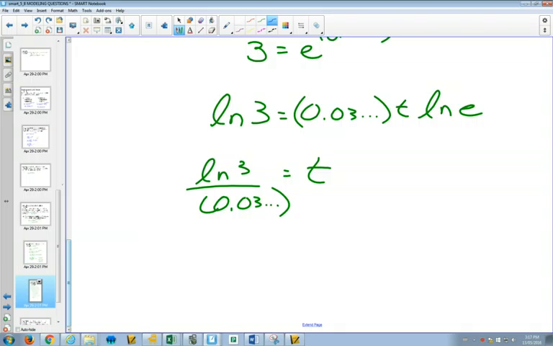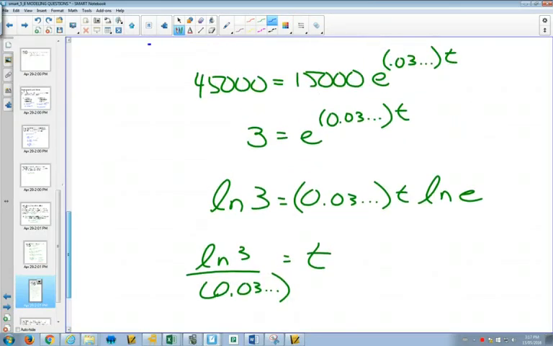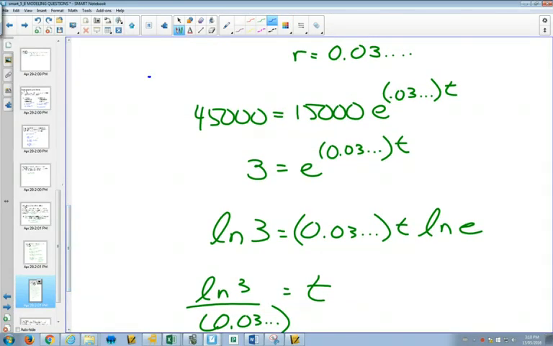Again, natural log of e is equal to 1. So we just have to divide by 0.03.